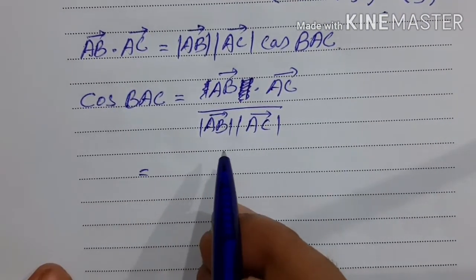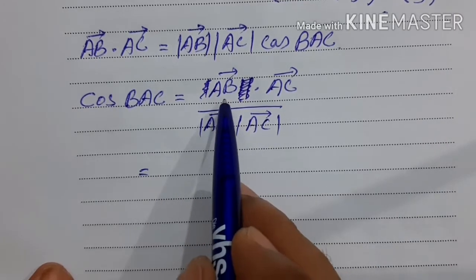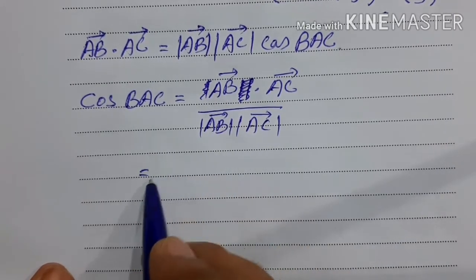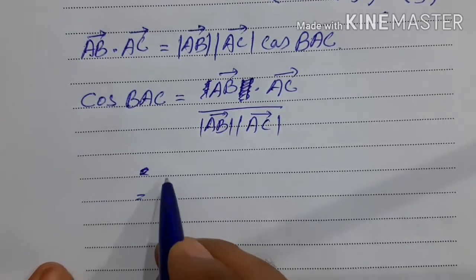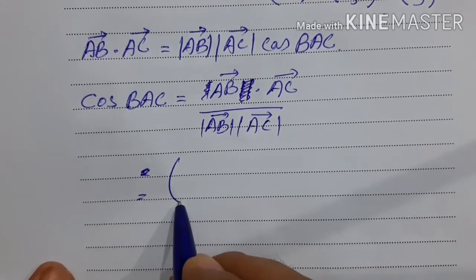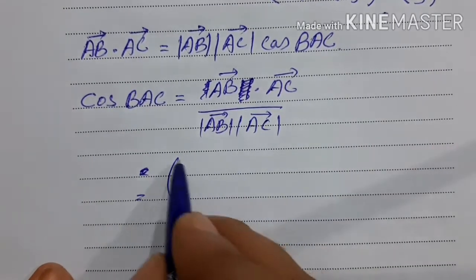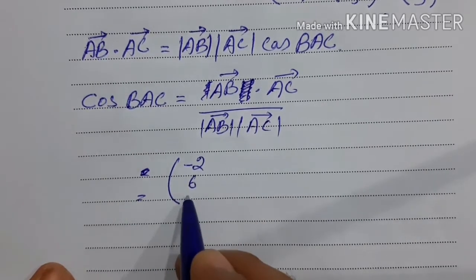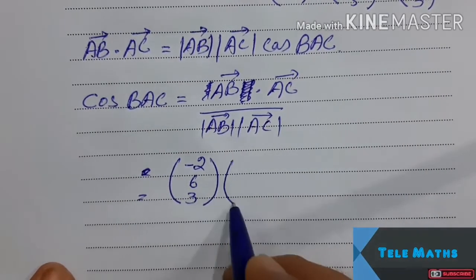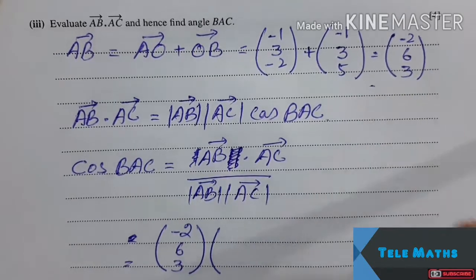Now put the values. What is AB? This is (-2, 6, 3).